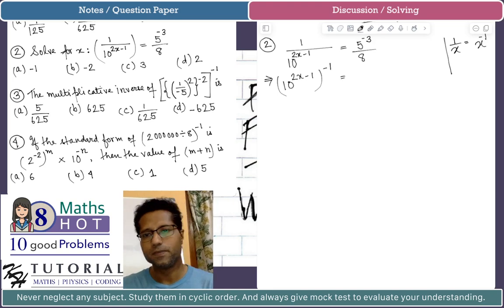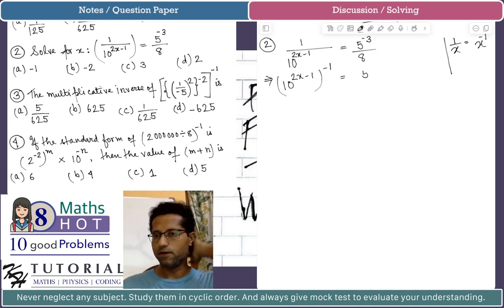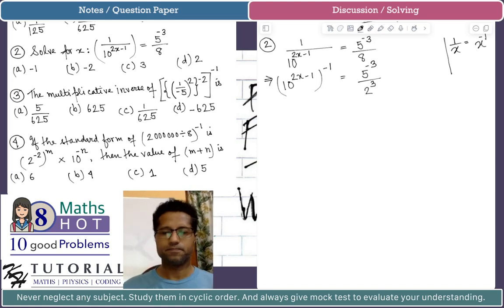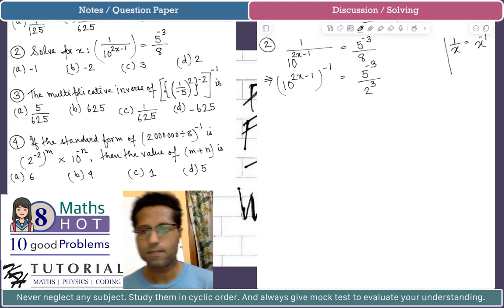Now on the right hand side, the numerator is in the rational form p by q, where p is 5 raised to the power minus 3 and q is 8. We can see that p, the numerator, is in the exponential form. It has power minus 3, and we know that 8 can be written as 2 to the power 3.